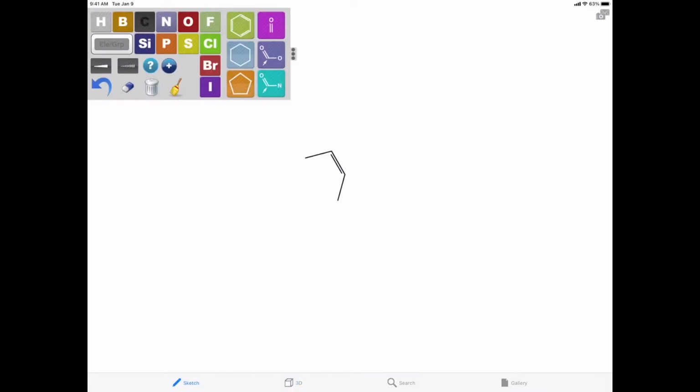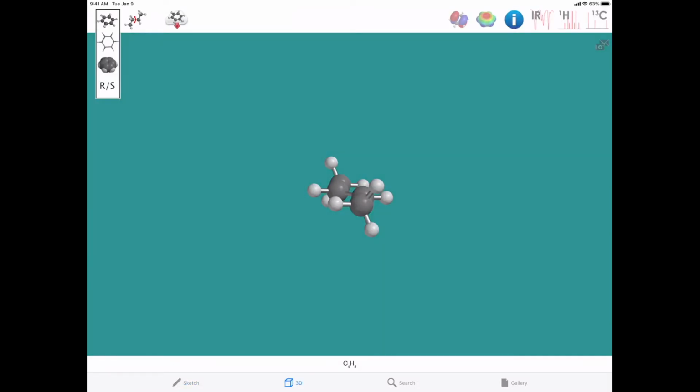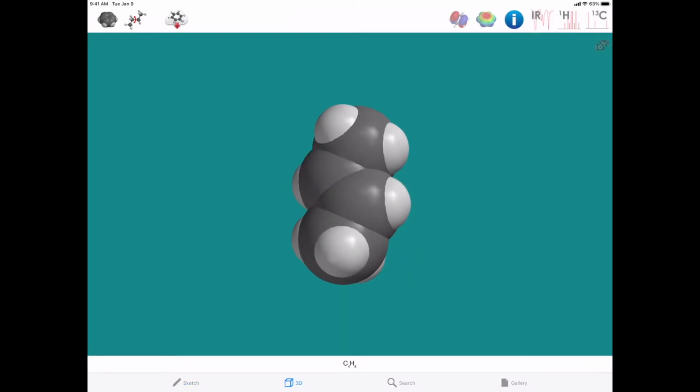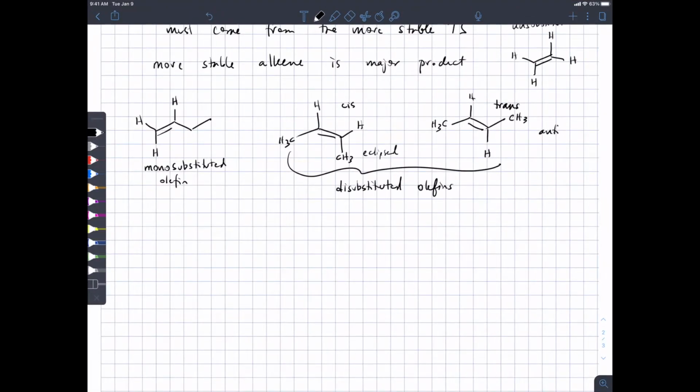Whereas in the trans option, the methyl groups are as far away from each other as possible and are not bumping into each other. So you've got some simple steric arguments that explain why trans is more stable than cis. And the explanation is sterics.